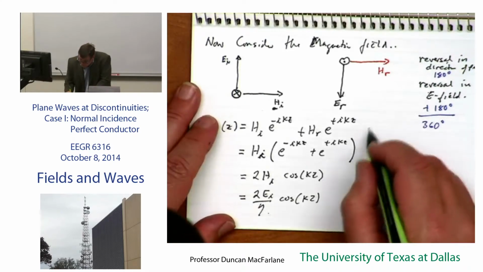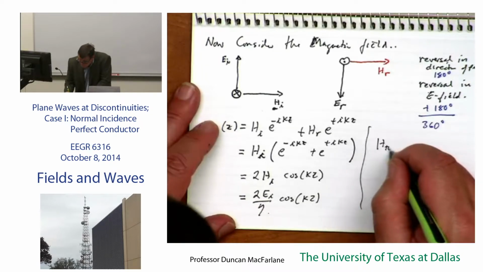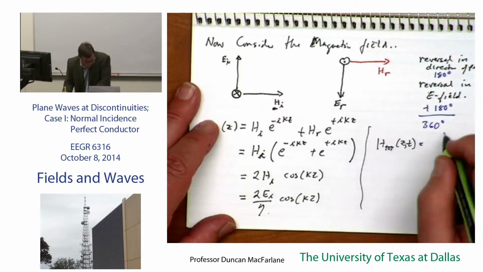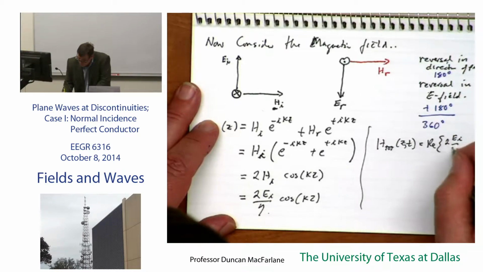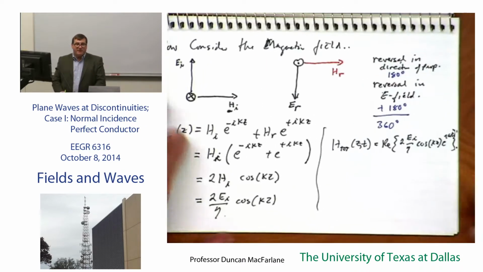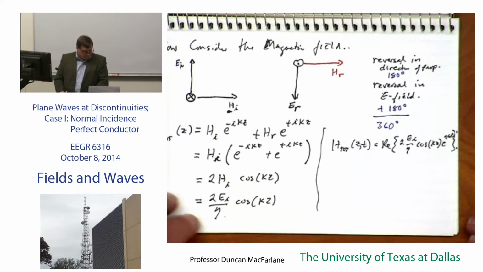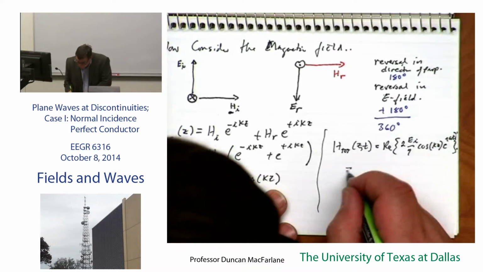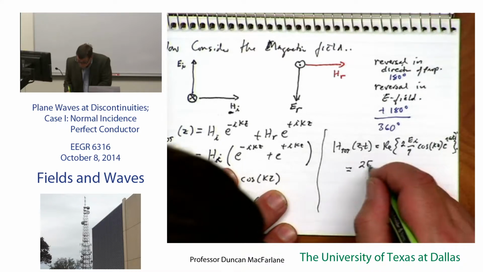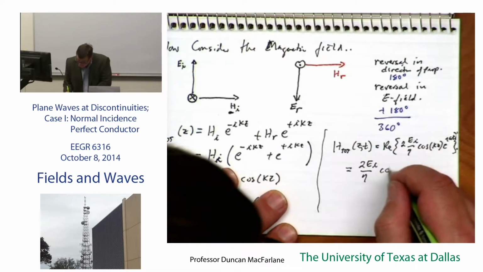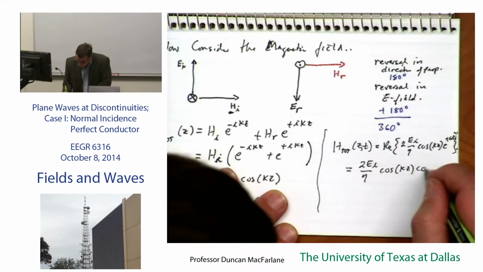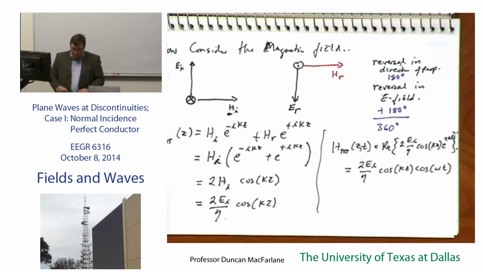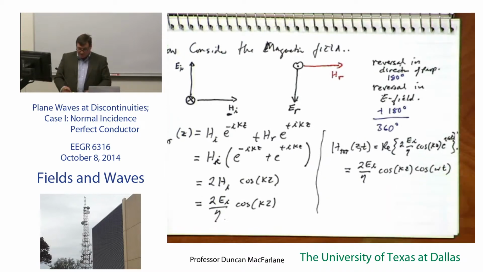If I put back in the time dependence and work through the real part, I get a cosine kz and a cosine omega t.